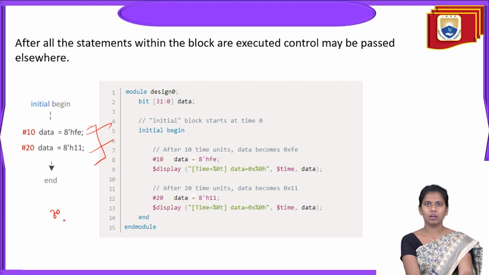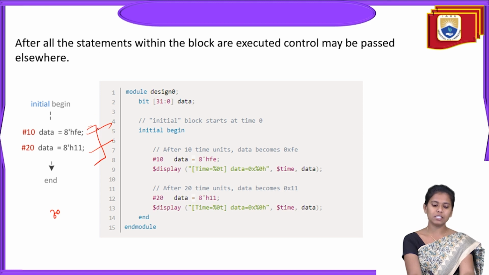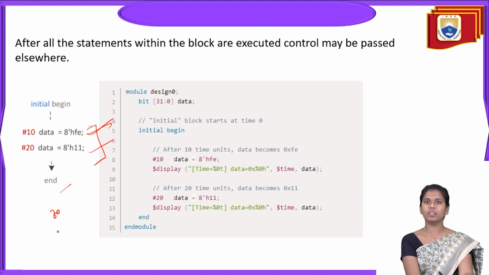First, with 10 nanoseconds of delay, statement 1 will execute, and then, following with the 20 nanoseconds of delay, the second statement will go for the execution, and then finally I'm ending up with endmodule. End is a keyword. So this is a small example.